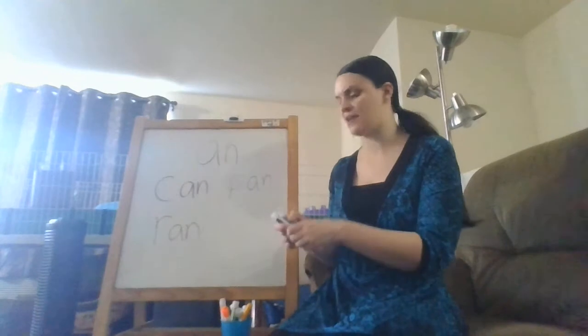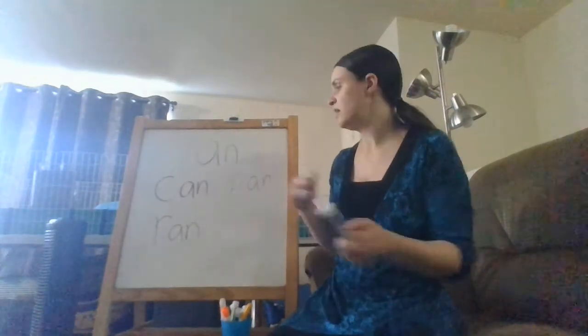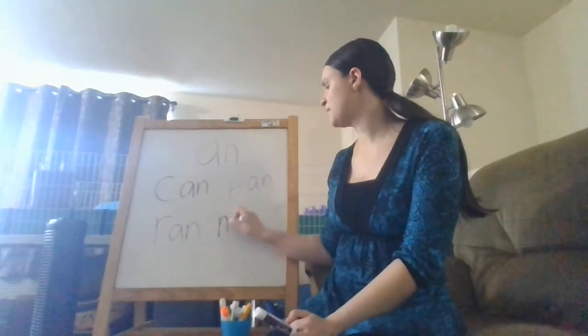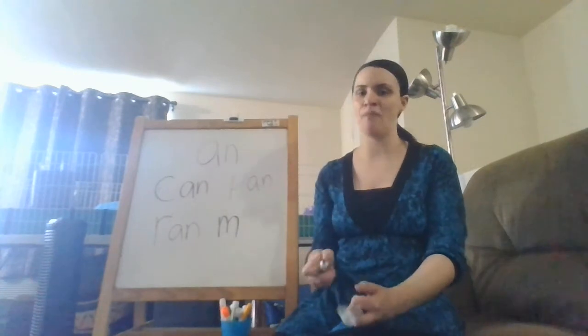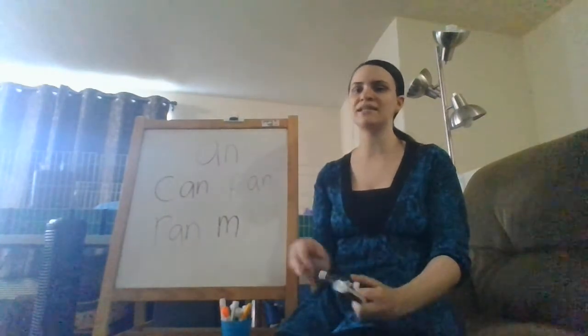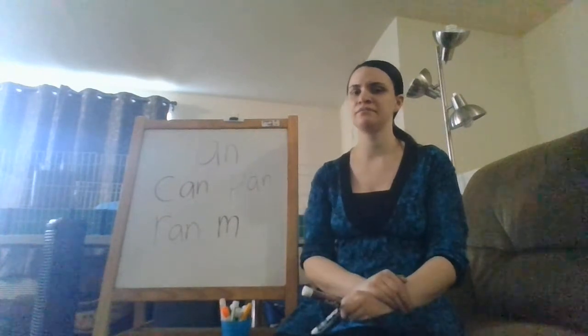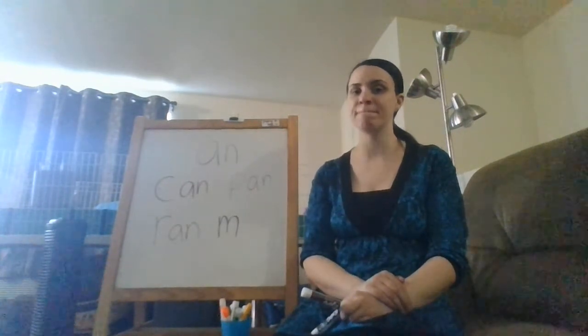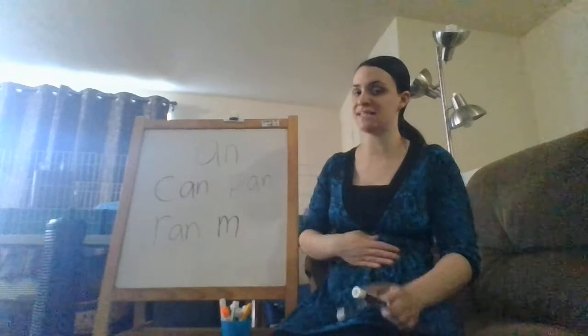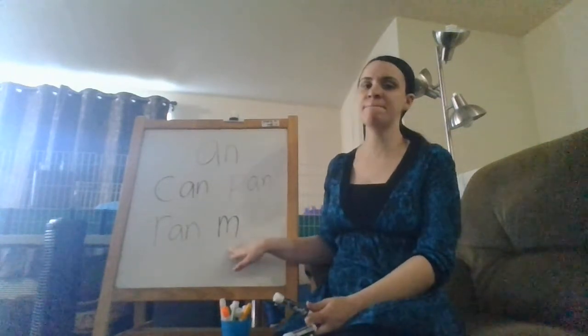Okay, now I'm going to add our new word. I'm going to use the letter M. So what sound does the letter M make, friends? What sound does M make? It says mm, remember, like, that's delicious. Can we say it? Good.